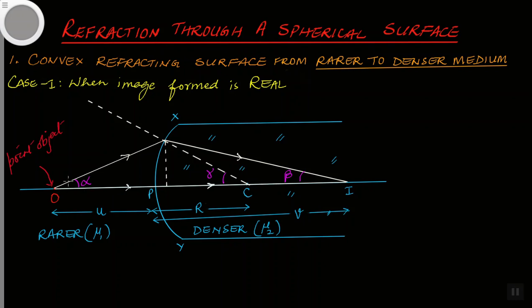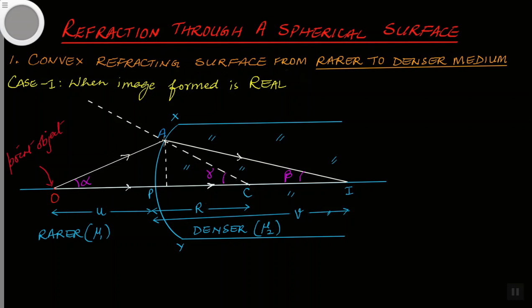And there's another ray of light, OA. Let's call this point A. This ray OA is the incident ray, and it is incident on this surface at the point A. Now we join the center of curvature C with this point A, and because C is the center, AC looks like the radius.